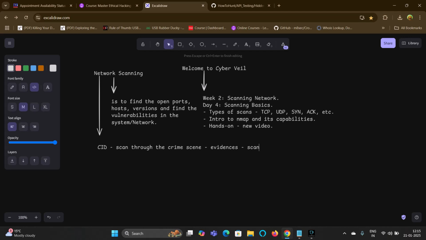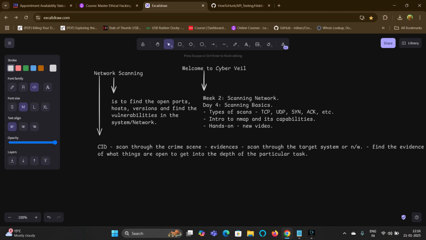We are going to scan through the target system or network in order to find the evidence of what things are open, to get into the depth of the particular task. Yeah, that's what network scanning means.